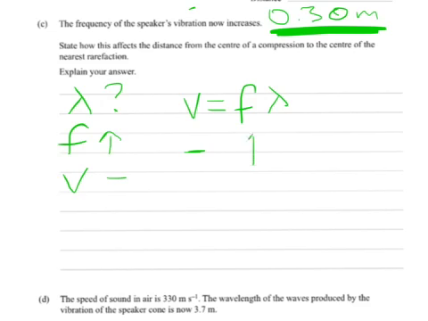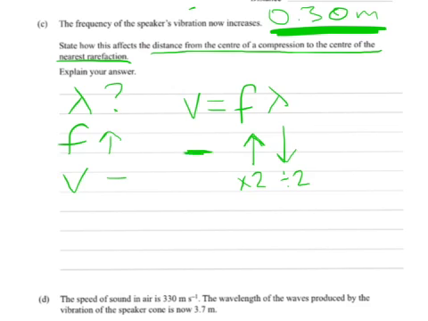The frequency has increased. What that means is the wavelength, and therefore the distance from the center of a compression to the center of the nearest rarefaction, has had to decrease by the same proportion. If you times the frequency by 2, you have to divide the wavelength by 2 so that you keep zero change in the velocity, so the velocity stays exactly the same. Okay.